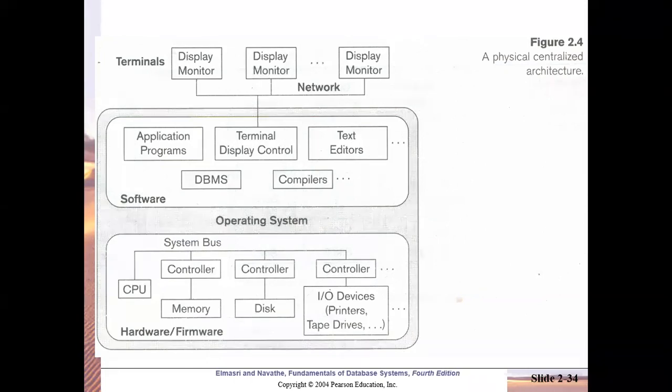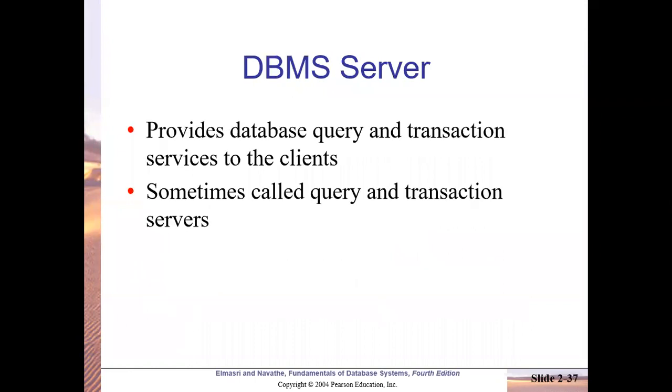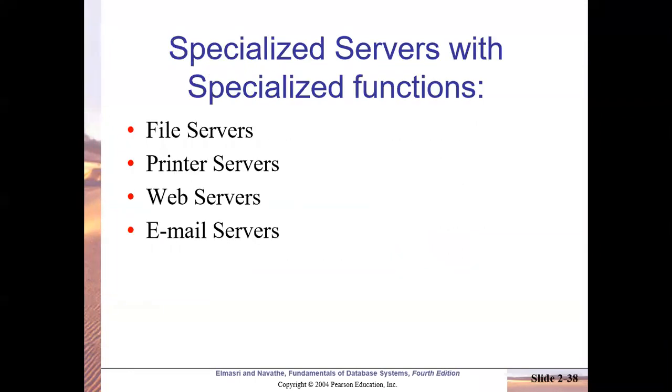So, what do you mean by two-tier client server? That we'll see. So two-tier client server means when there is a client at one end and servers at the other end.